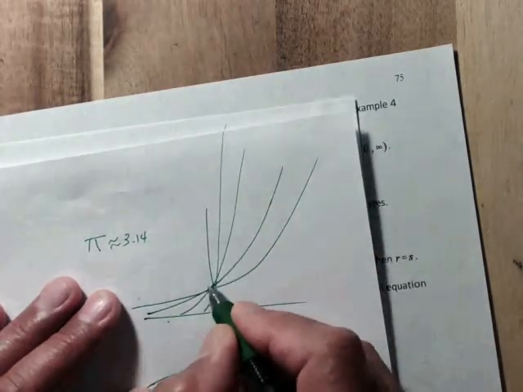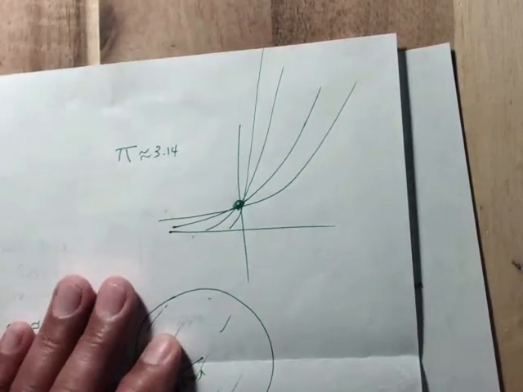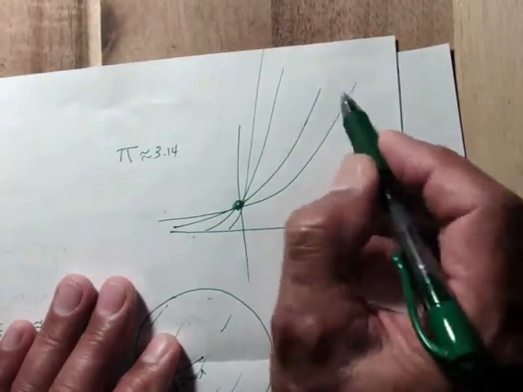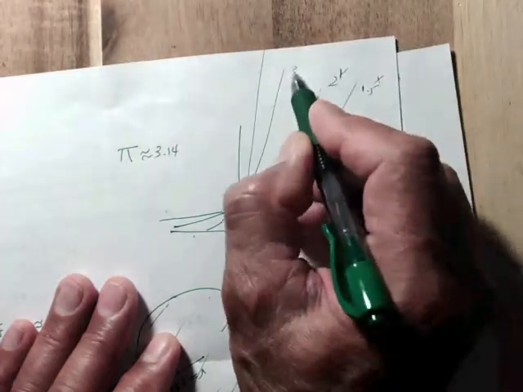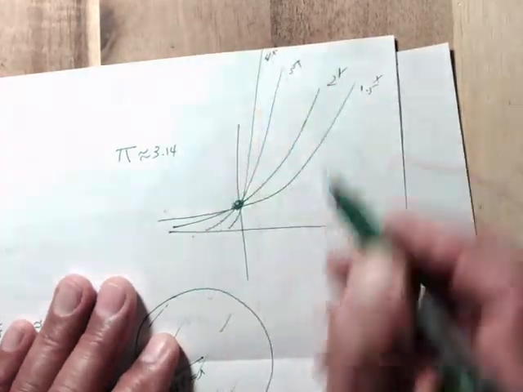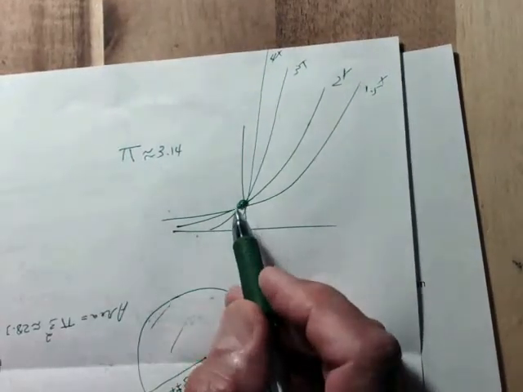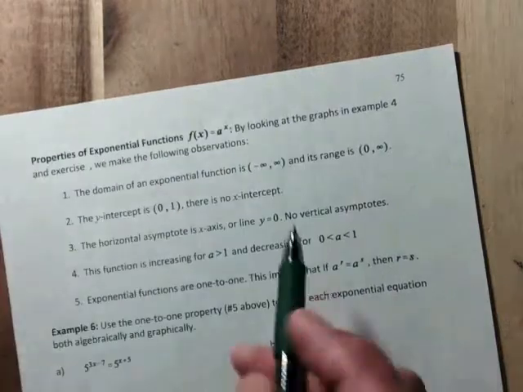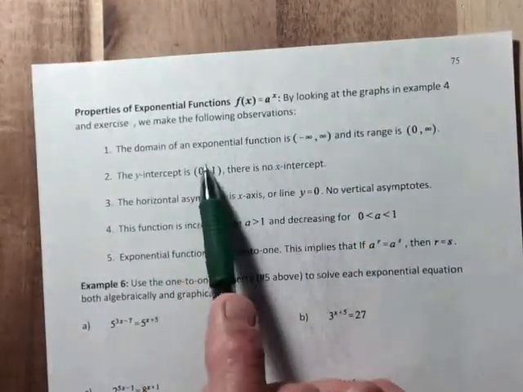You see, they all have the same y-intercept. This is 1.5 to the x, this is 2 to the x, this is 3 to the x, this is 4 to the x. They all go through the same y-intercept. So the y-intercept is (0, 1) for all of them, no matter what a is.